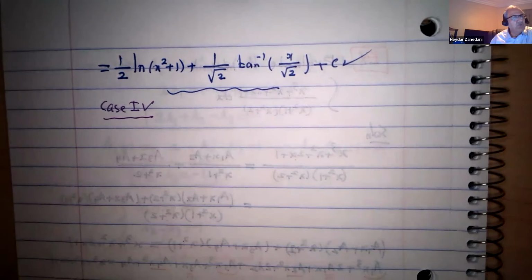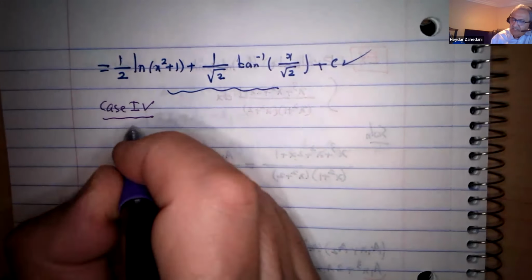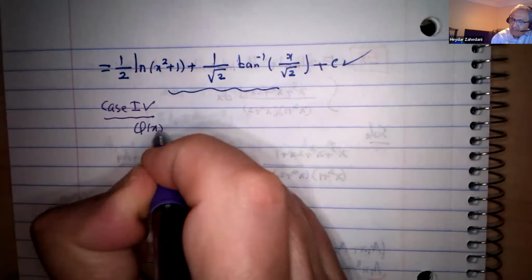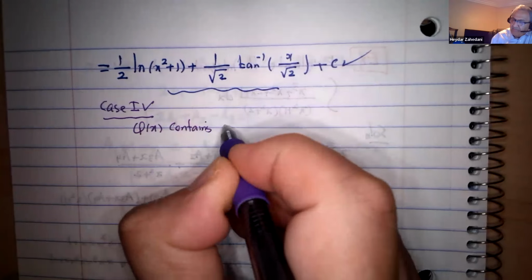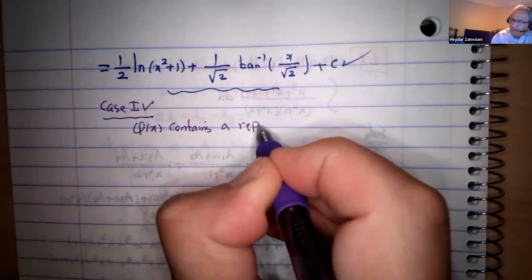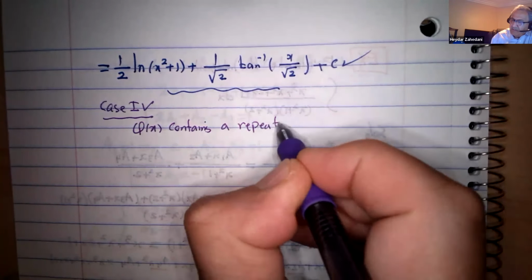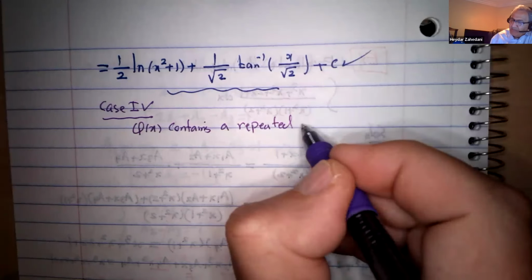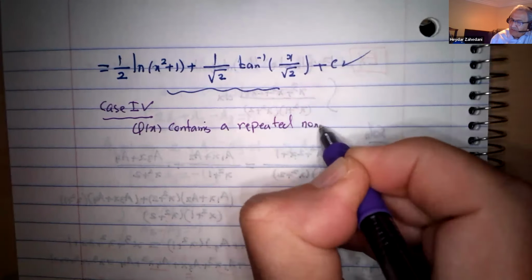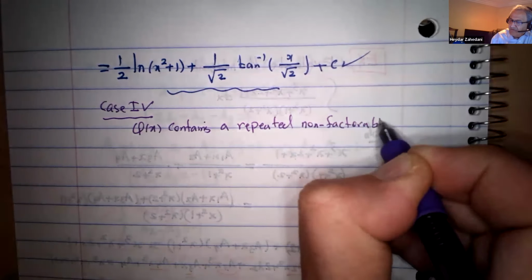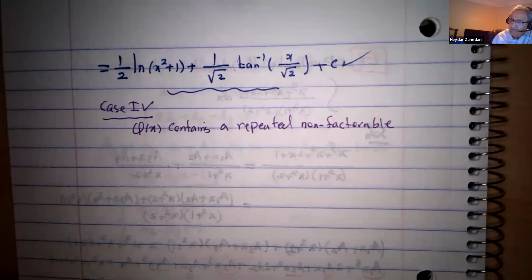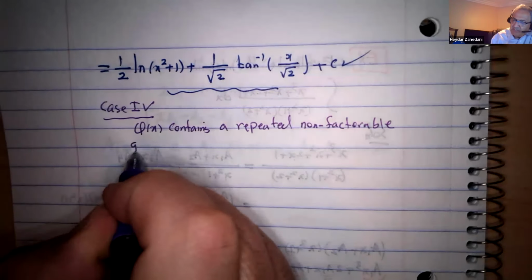Case 4: Q of x contains a repeated non-factorable quadratic.